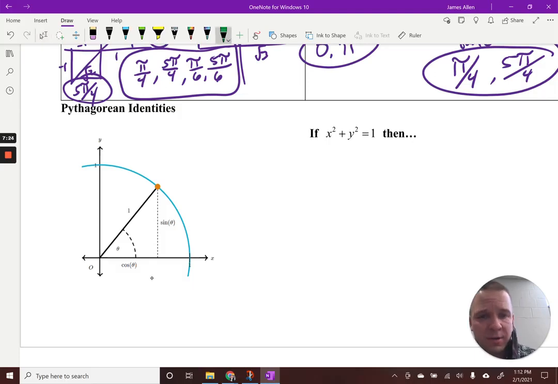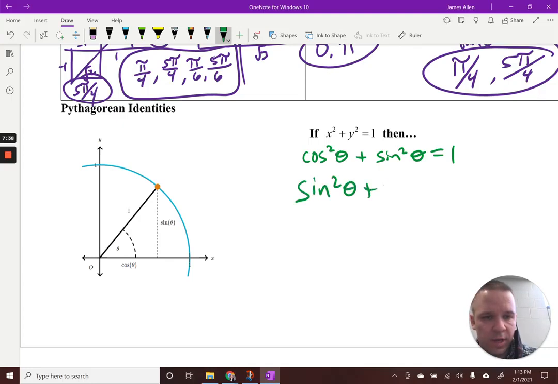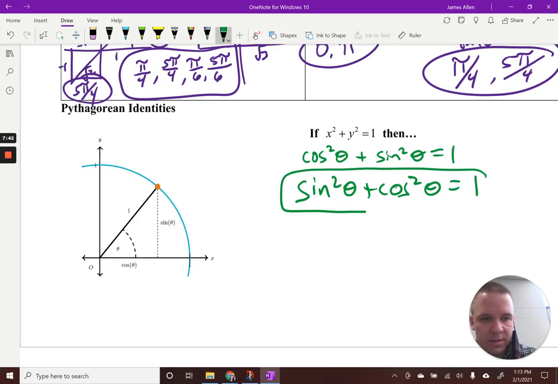So if I were to put cosine in for my x and then sine in for my y, and really, you're going to see this more commonly written as sine squared theta plus cosine squared theta equals 1. That's how you'll see it written. I wrote it the first way just because of x squared plus y squared. That was the direct substitution. But then we'll go ahead and rearrange it.